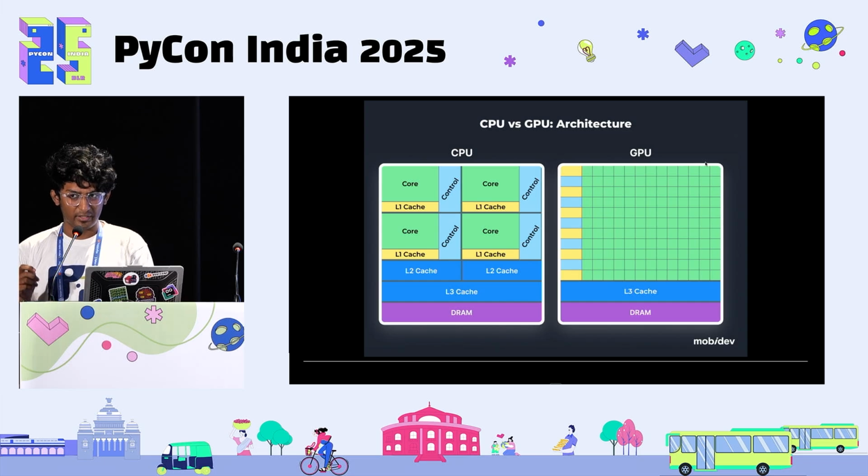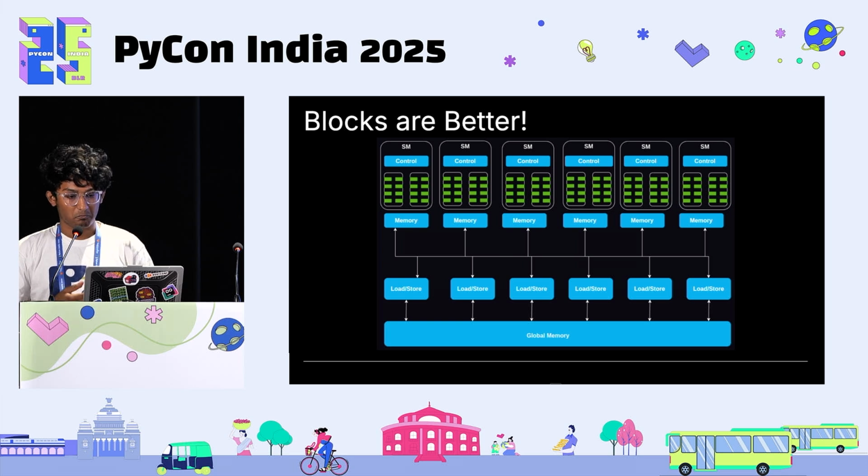Why I'm talking about it, we'll get into the details in the next slides. But what GPU guys majorly do is they don't think in terms of cores as CPU people do. They think in terms of blocks, and all the control mechanism, all the load and store happens via blocks.